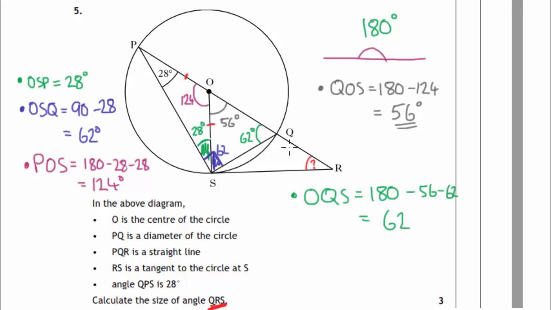Now again, the same rule applies. This angle plus this angle should equal 180, so this is angle SQR equals 180 minus 62, and that gives you 118 degrees.